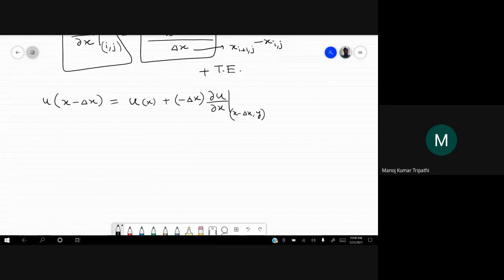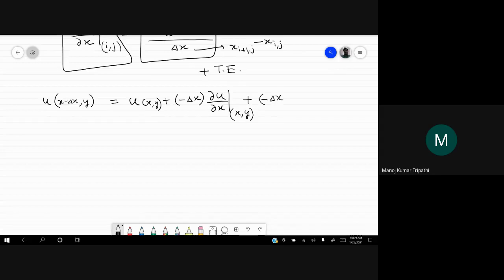Here also it should be x comma y. This is at the point xy in Taylor series expansion.